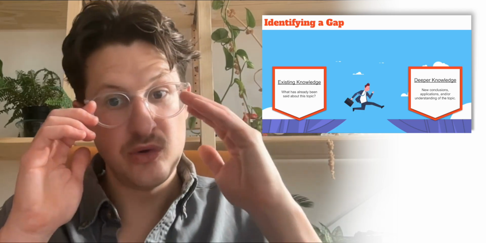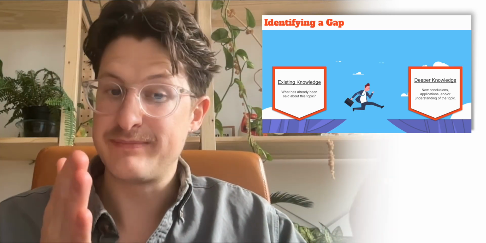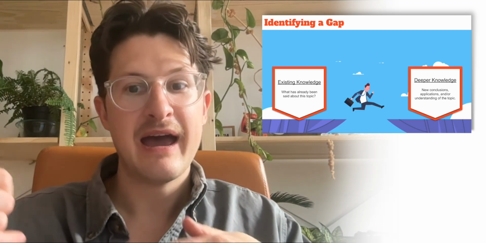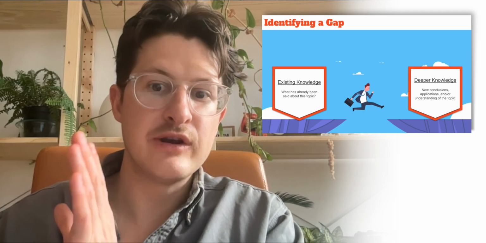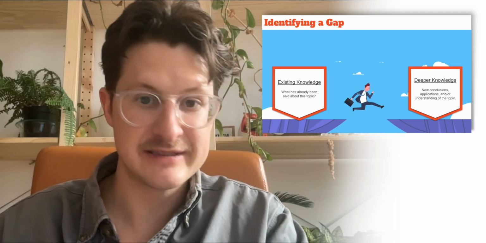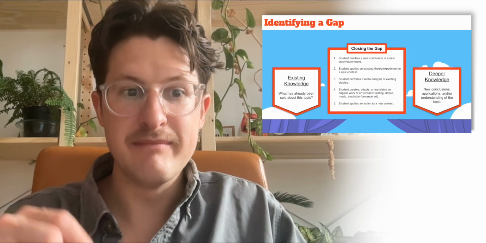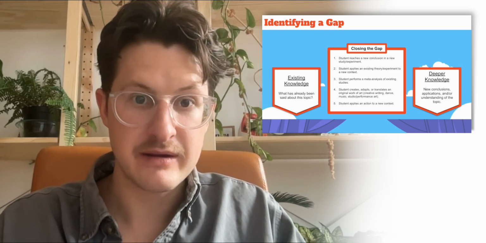Well, you really are starting with the existing knowledge. They have to spend some time reading and understanding what has been said about this topic. And then we are ending up with a deeper knowledge, right? New conclusions, understandings. That's one of the goals of Big R research. So in the middle, in order to close the gap, students employ a method.